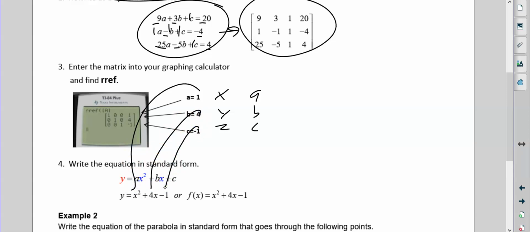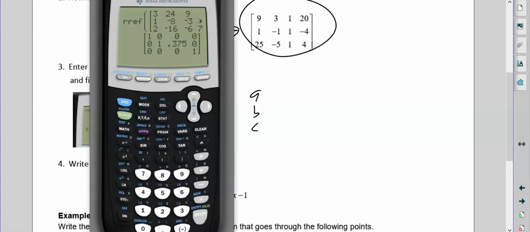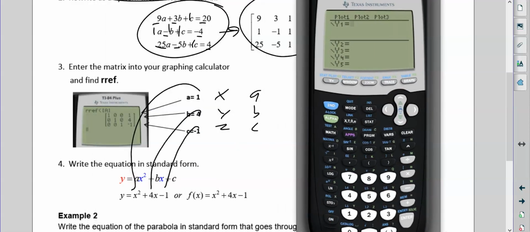We can plug that into our calculator in the y equals, go to second table, and look up those 3 points. And if those 3 points are in the table, that means we found the correct equation. And it has to be all 3 points. I made a mistake on one, and 2 of the points showed up, but not the third. So you have to make sure all 3 points are there.